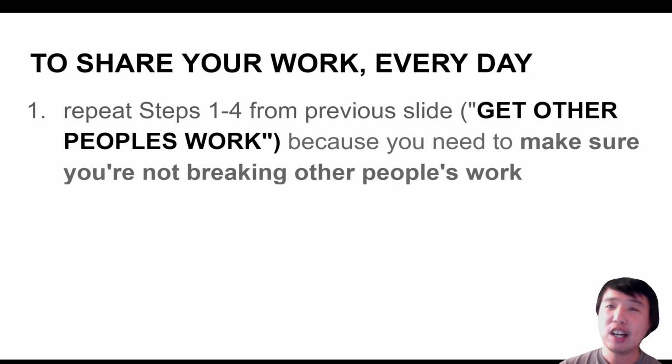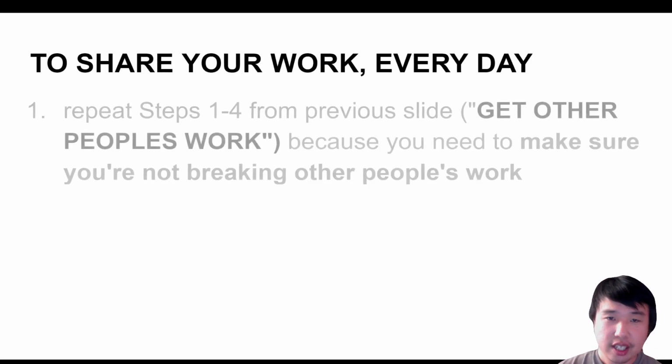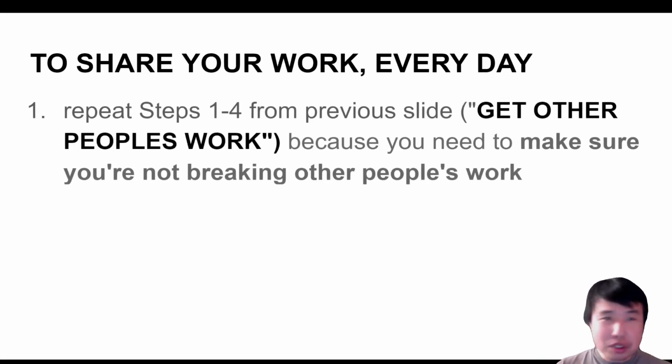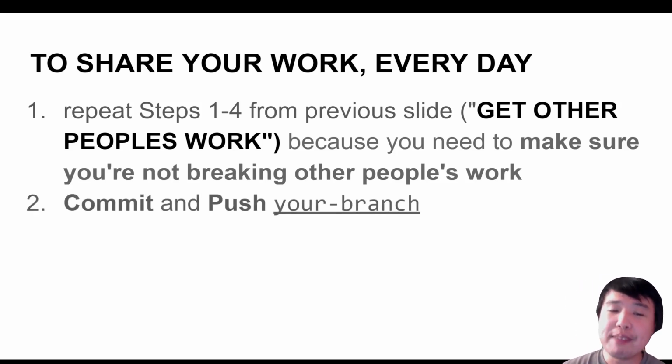And one way to help you prevent yourself from breaking other people's stuff is to first get other people's work and make sure it works with your branch. Then once you've fixed your own stuff, you can move on and now commit and push. Remember, pushing means uploading. Commit and push your branch up to GitHub.